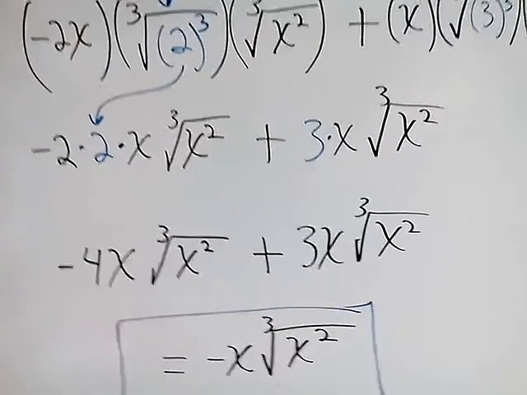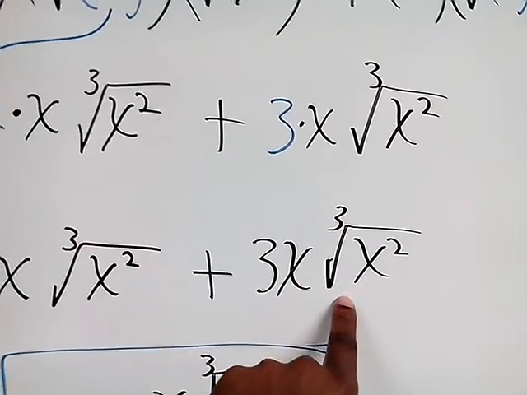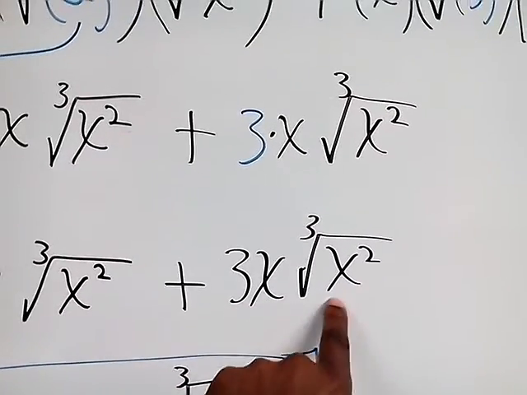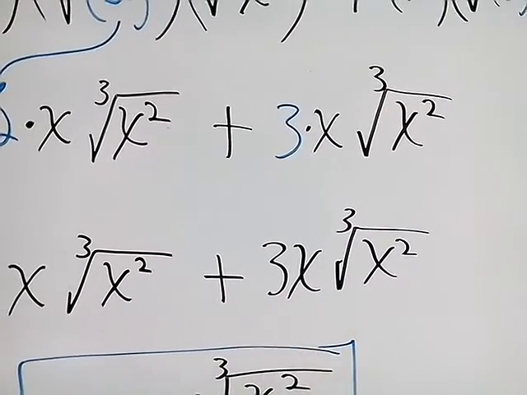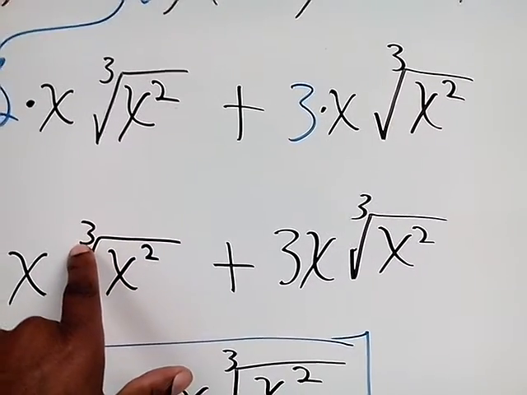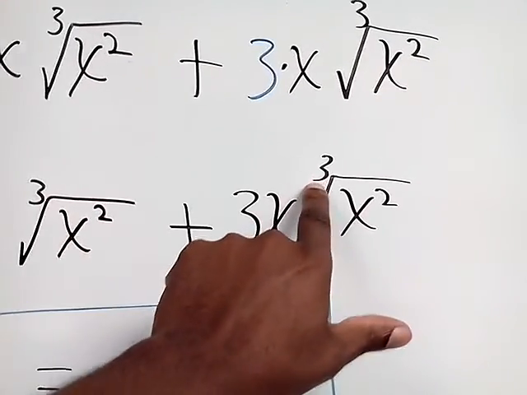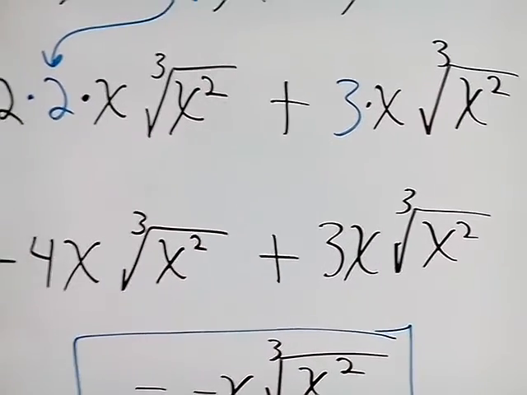We now can combine those because we have the same radicand. As long as those are the same, that's one of the things that we need to add or subtract. We also need to have the same index or root. That has to be the same in order to add.